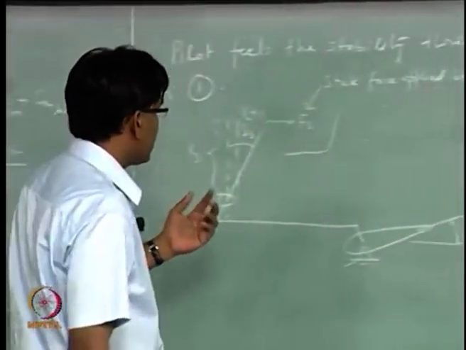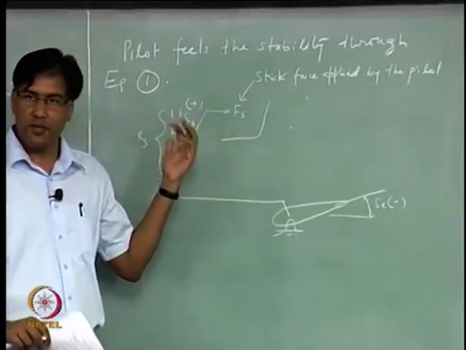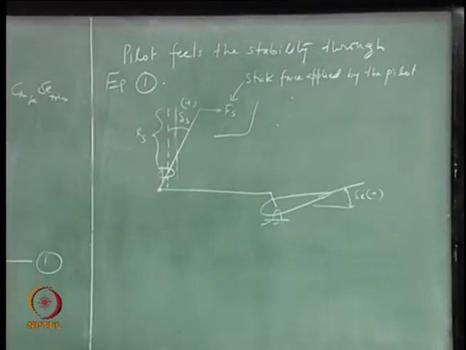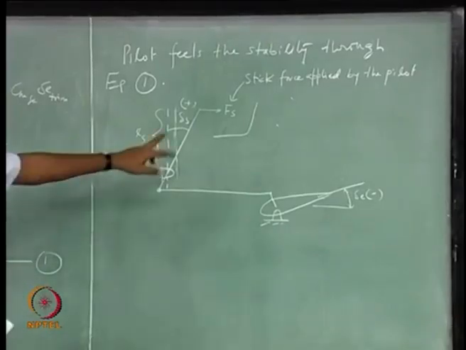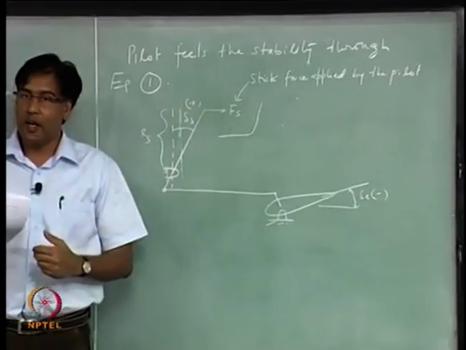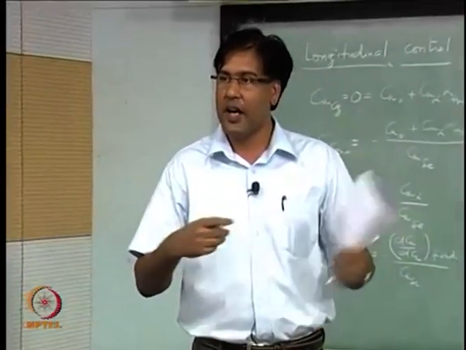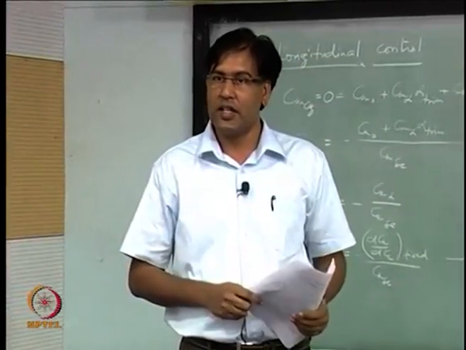For example, if you want your aircraft with control systems mounted, then this force will not be directly applied by the pilot, but an automatic control system can do this, isn't it.